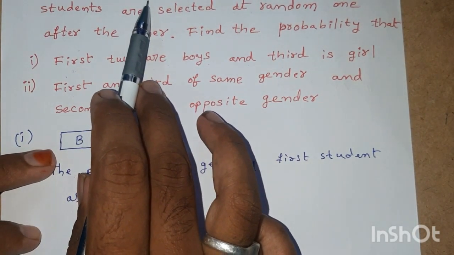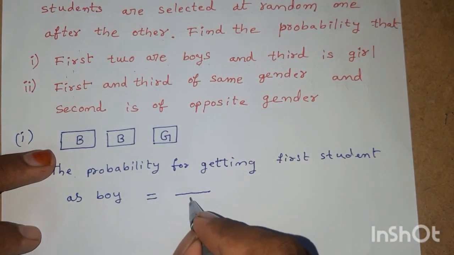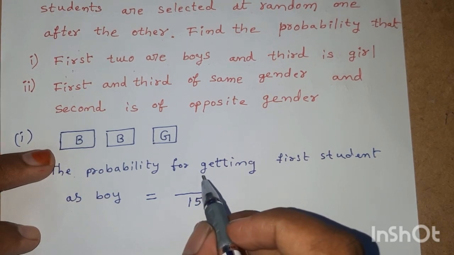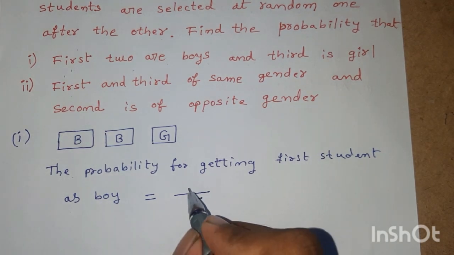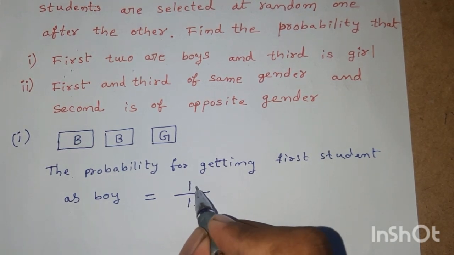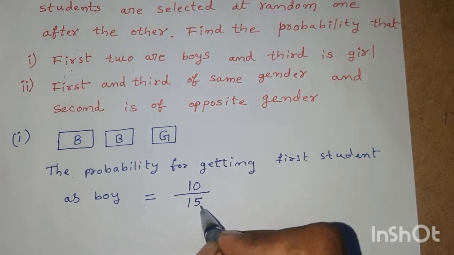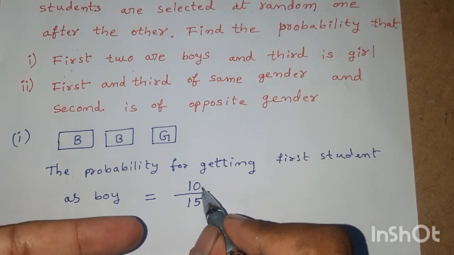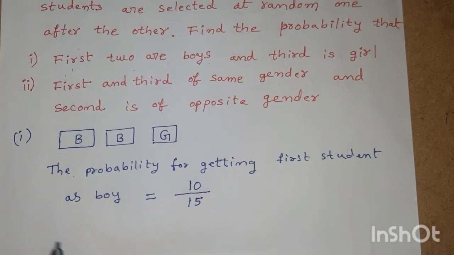There are totally 10 boys. Therefore, among 15 students, we have to select a candidate that must be a boy. Since there are 10 boys, 10 possible ways are there. Therefore, the number of favorable cases is 10. Among 15 students, we have to select a boy. There are 10 possible ways to select that boy. Therefore, 10 by 15.